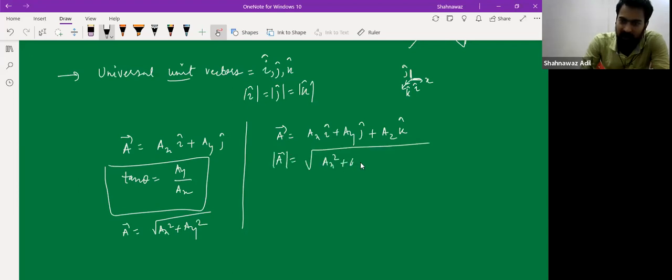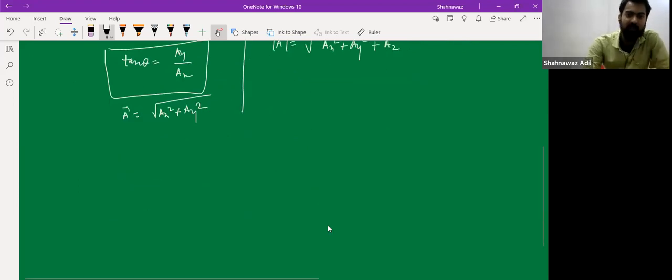I'm just recalling what you have learned in your 11th class about vectors. And then you have the polar form. In polar form, the magnitudes of 2 vectors will be given, let's say A and B, and the angle between A and B would be given. So what would be the resultant?